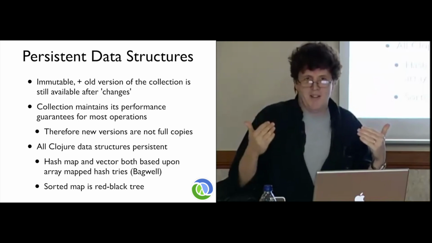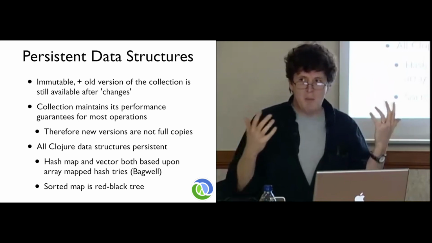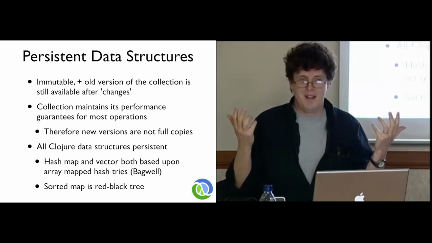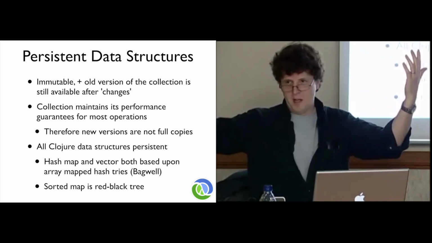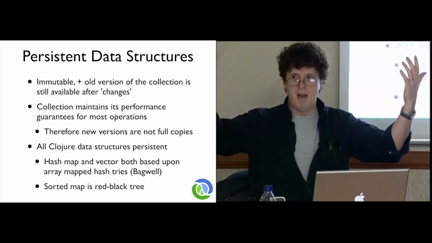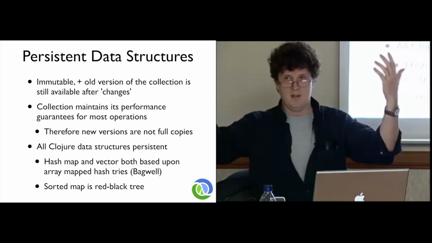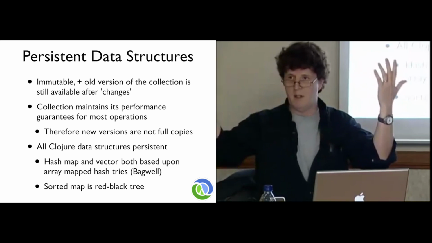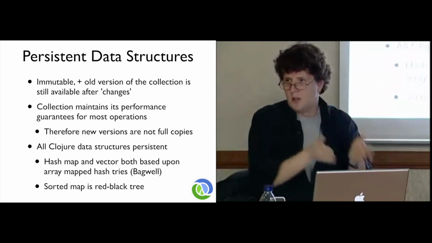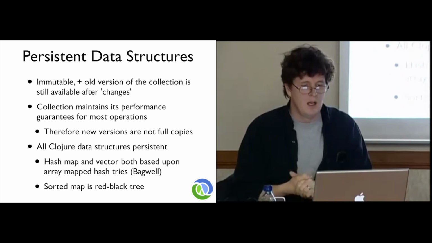But the implication of that is that the new versions can't be full copies, right? If I have a hash table here, and I'm going to have a new hash table with one new entry in it, and I'm not going to have that be linear time to copy everything, then somehow it can't be a full copy, because a full copy would have to touch everything. So they have to share structure, and I'll show you one of the ways that happens.